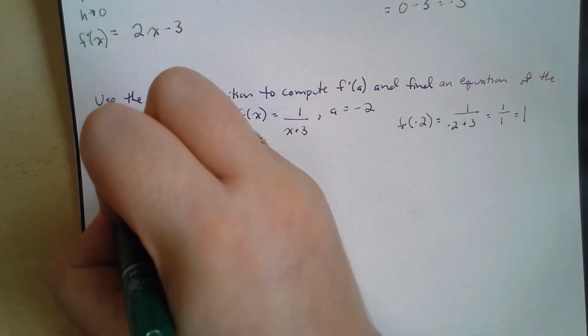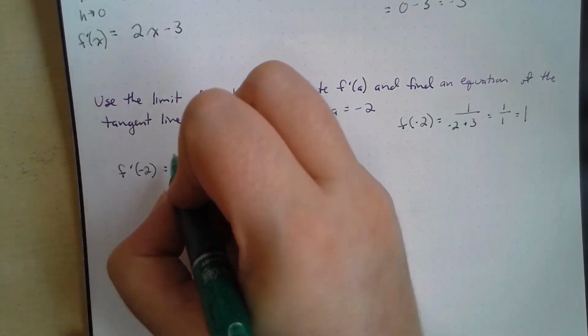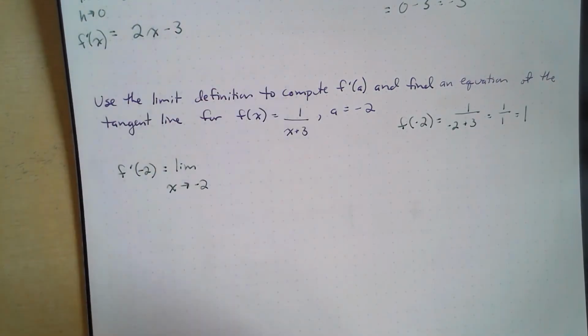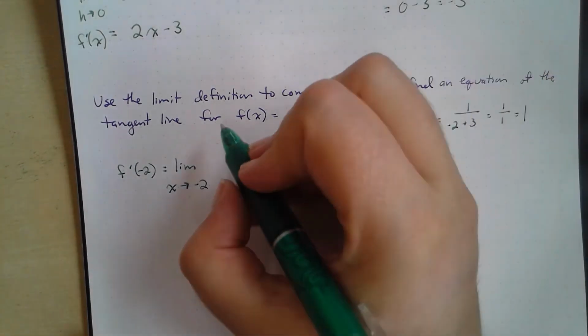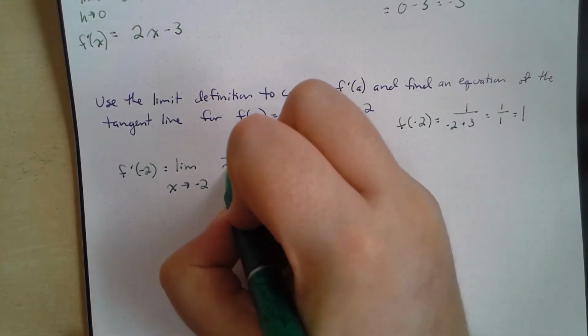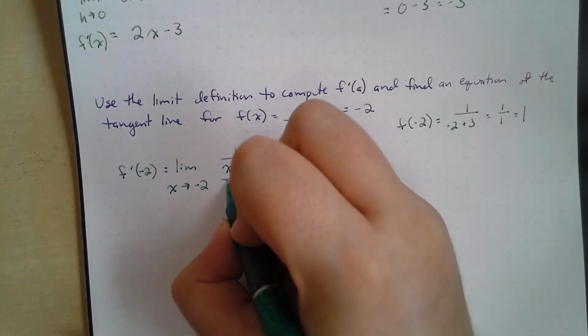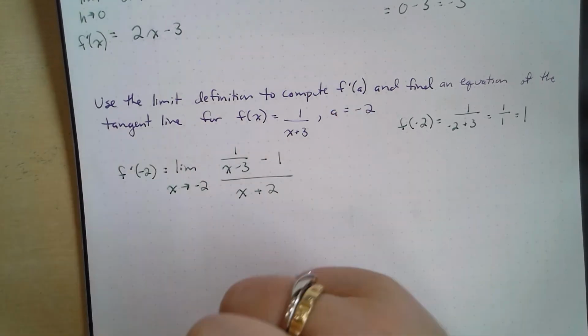Beautifully convenient. f prime of negative 2 is going to be equal to the limit as x approaches negative 2. Remember, we're using the alternative definition here of 1 over x plus 3 minus f of a, which is 1. We already found that. Over x minus a, negative 2, is plus 2.